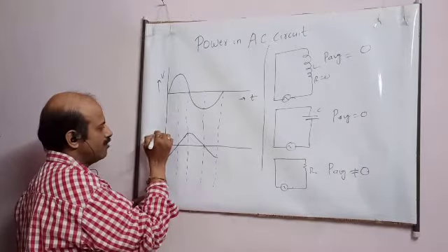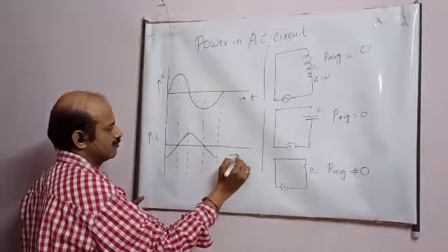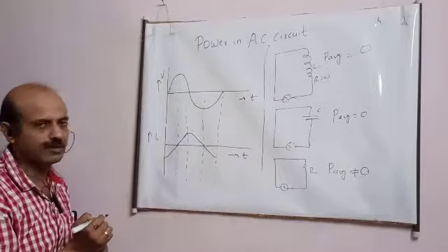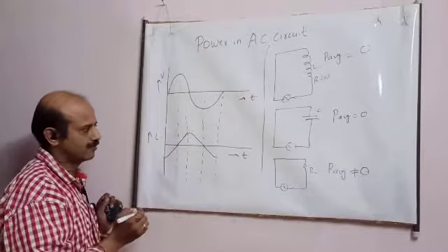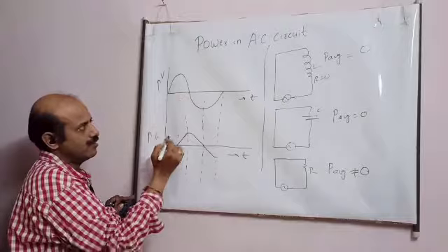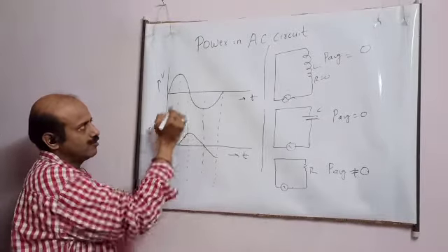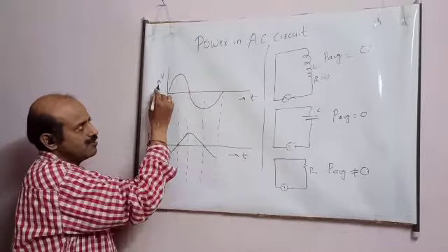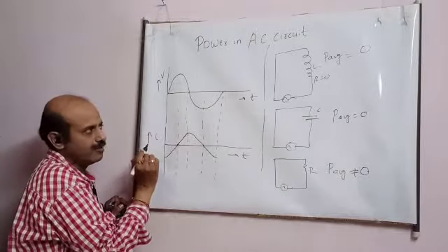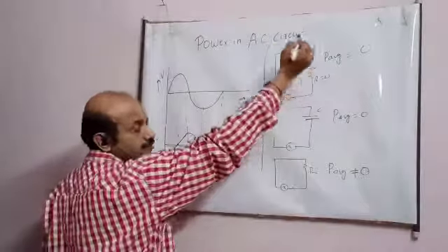This is the current time graph, student. Okay, student, now you see. One more thing. This is voltage, this is current. See, here current is 0, voltage is maximum. So this is the case where voltage is leading current. Current is coming afterwards. Voltage is leading current. So this is the case of an inductor, student.